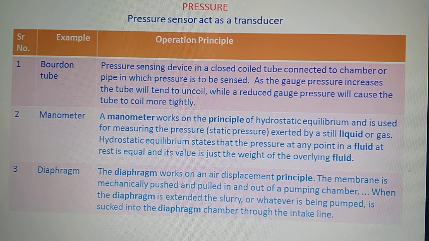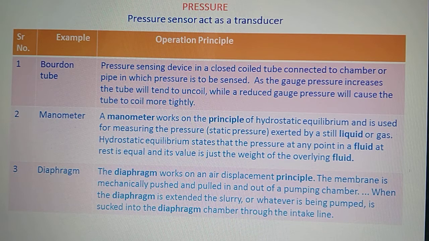Hydrostatic equilibrium states that the pressure at any point in a fluid at rest is just the weight of the overlying fluid. So this is the manometer. It is called a pressure sensor.